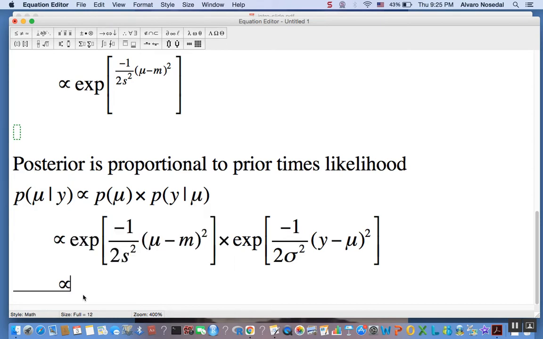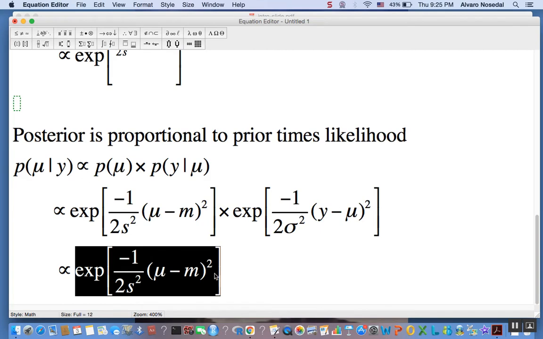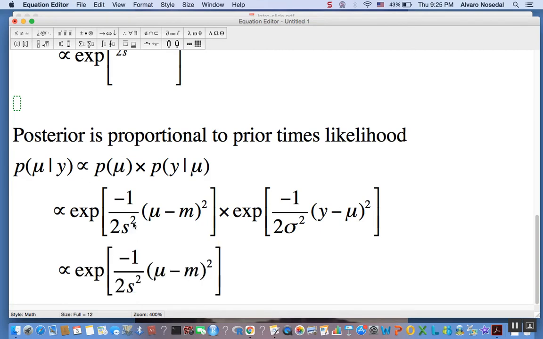It's going to be a single exponential to the power: first this one plus this one here. And note that we have a common factor, negative 1/2. Okay, so let me pull that out.